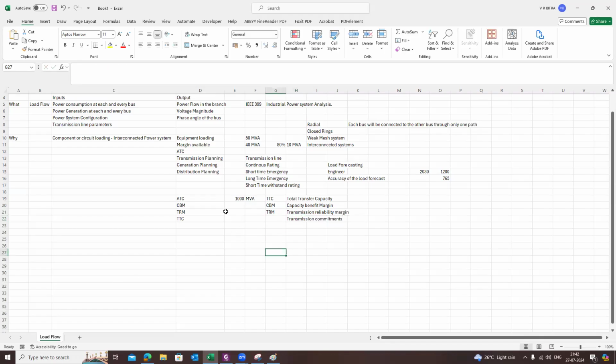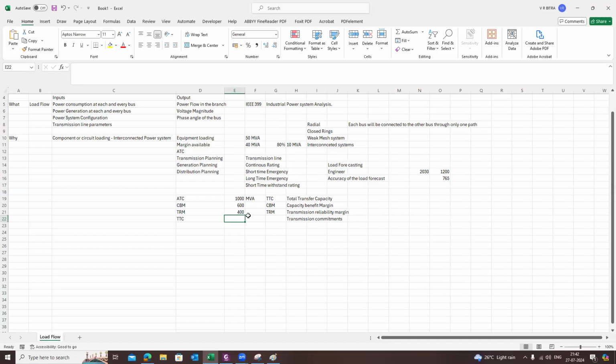Say for example, my total transfer capacity is 1000 MVA, and suppose 600 MVA is already flowing through the transmission line. Generally, we will take the remaining, 1000 minus 600, that is 400 MVA, as the available transfer capacity. But no, because you have to consider some portion of this as capacity benefit margin and some portion as transmission reliability margin.